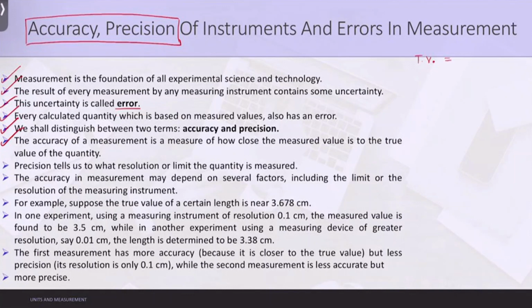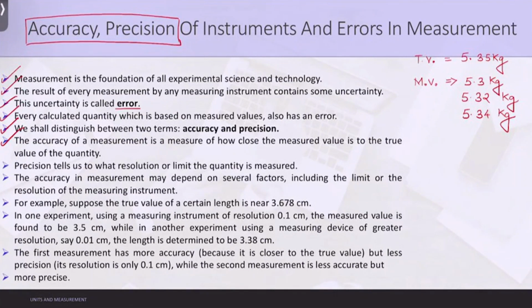The true value of the quantity is 5.35 kg. Let's say I do 3 tests. One value we got is 5.3 kg. One I got 5.32 kg. One I got 5.34 kg.